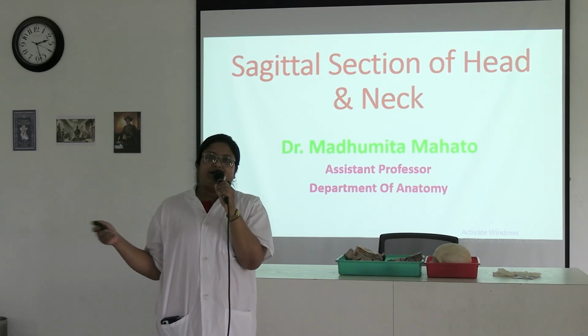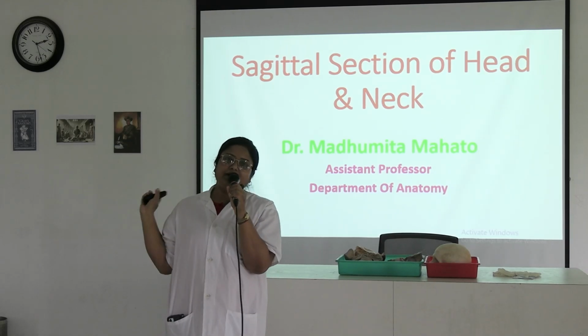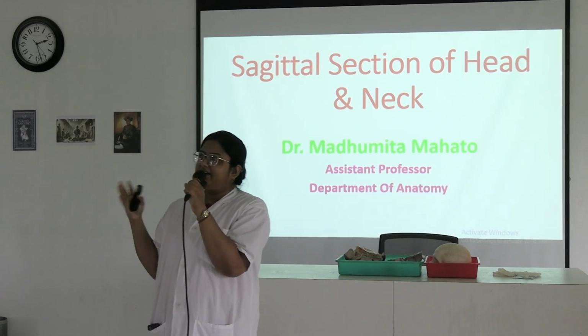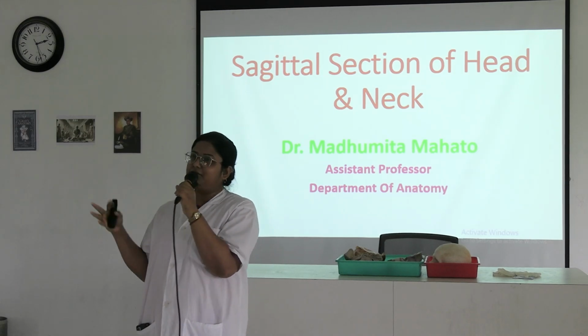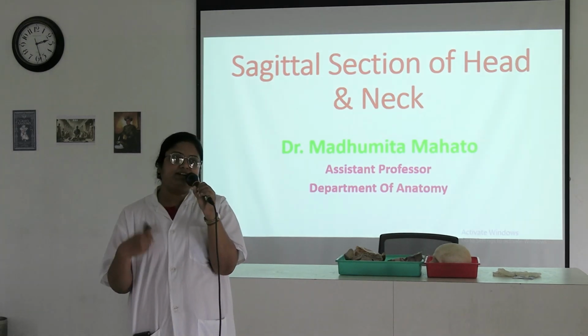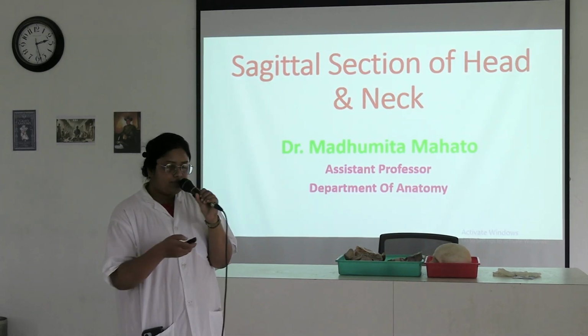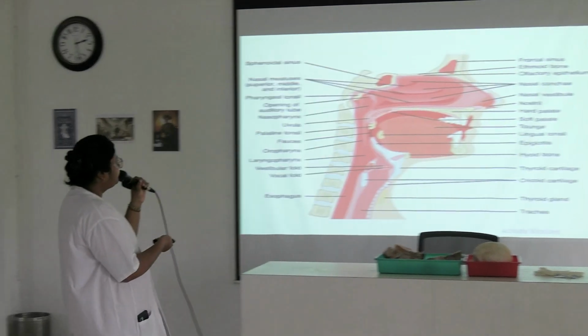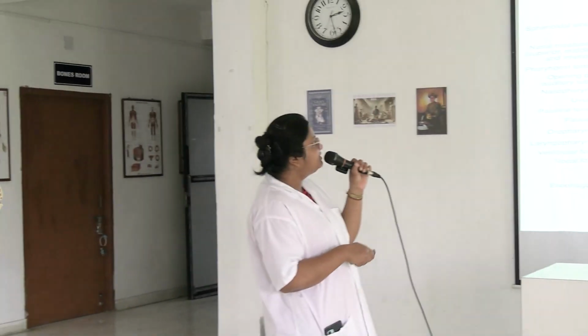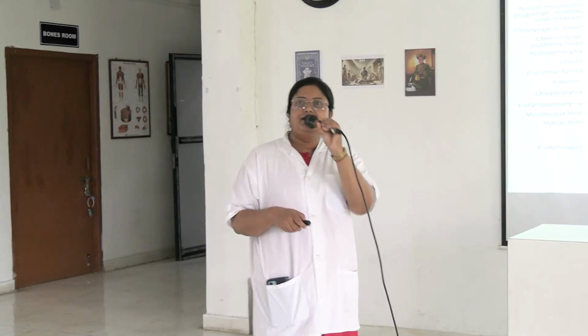Okay, different structures. You have to identify different structures and related 1-2 mark questions you have to know. For this sagittal section, see here, this is a sagittal section of the head and neck region.